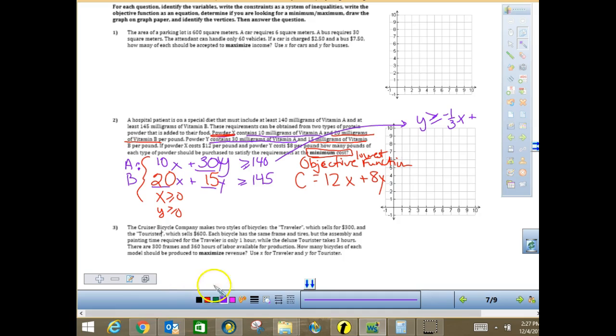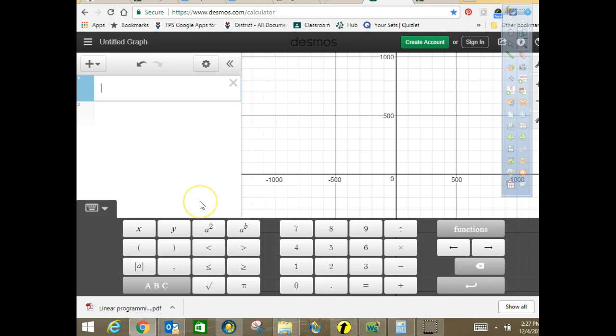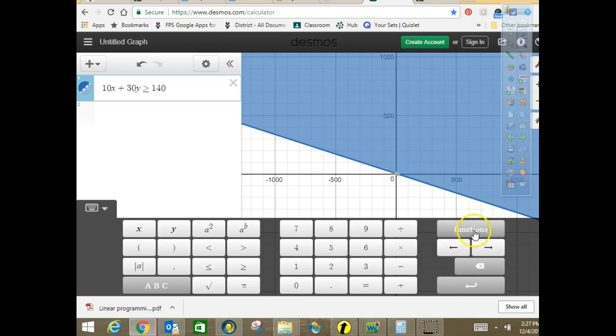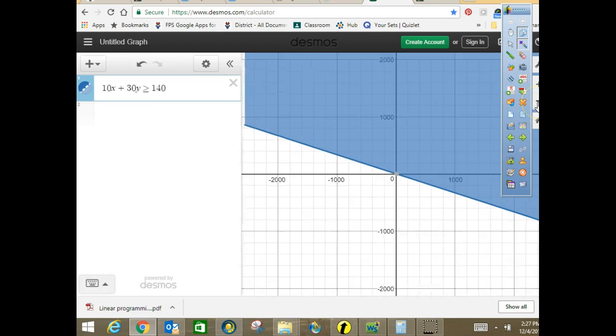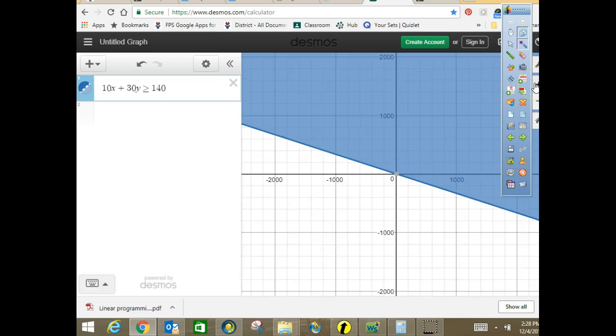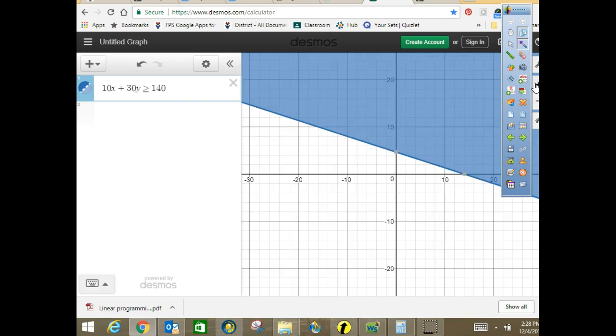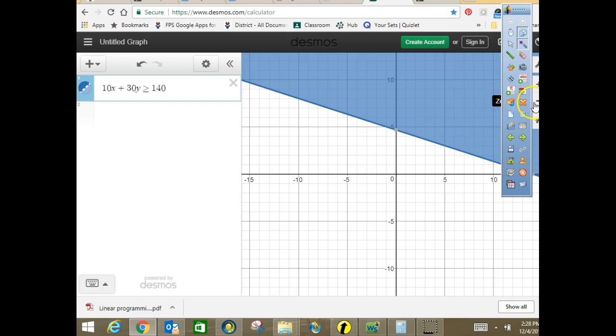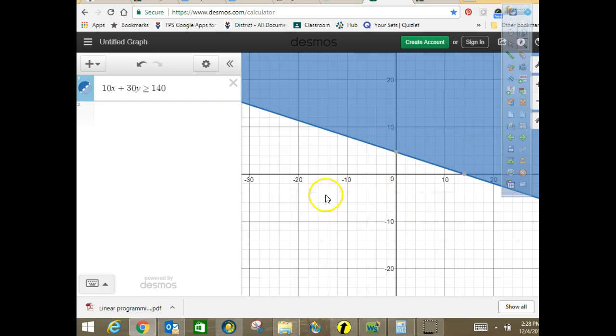When I look at the Desmos calculator, my first one that you should have typed in should have been 10x plus 30y, greater or equal to 140. I want to make the scale so that I can see a little better. Make sure that you have your scale.